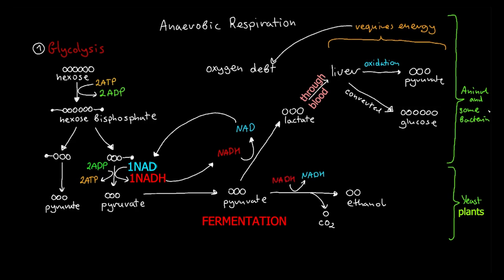This process is also called gluconeogenesis, which occurs, as you know, in the liver and requires a lot of oxygen, which is supplied, for example, after a heavy exercise, when most of your muscle cells were switched to anaerobic respiration. That's actually the reason for your post-exercise heavy breathing, because your liver requires oxygen to convert this quite acidic lactate into pyruvate and glucose, so that they can again be used in aerobic respiration.